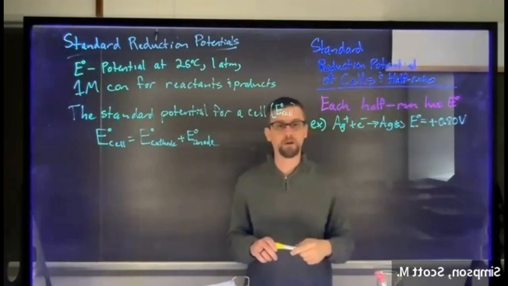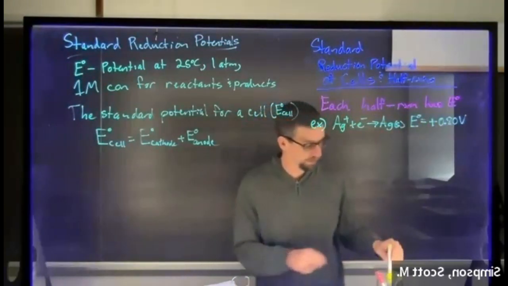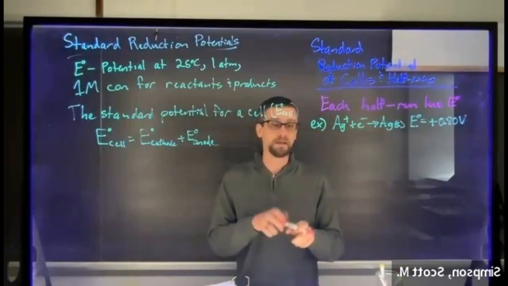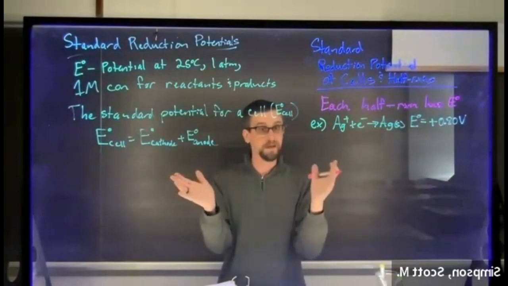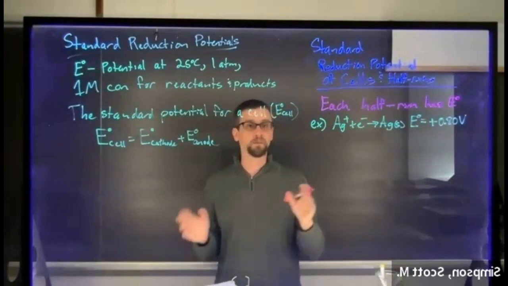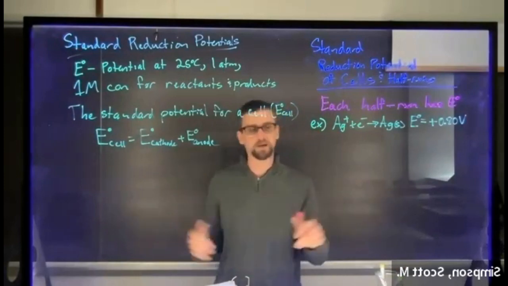Now, this potential is in comparison to a very specific electrode, a very specific reduction reaction. This is known as the standard hydrogen electrode. Standard being the one that everything's compared to, hydrogen electrode, looking at the reduction of hydrogen. It is sometimes called the SHE.